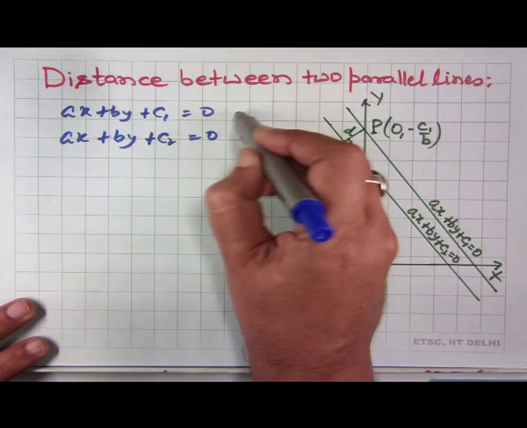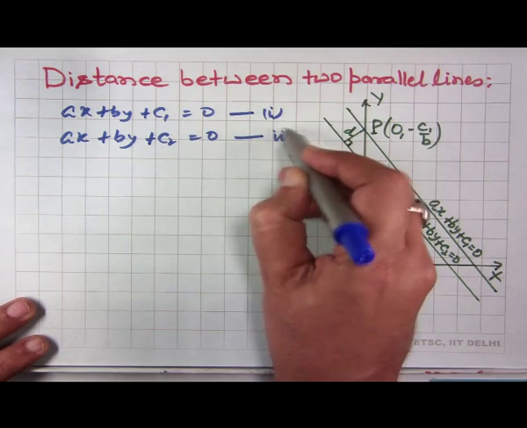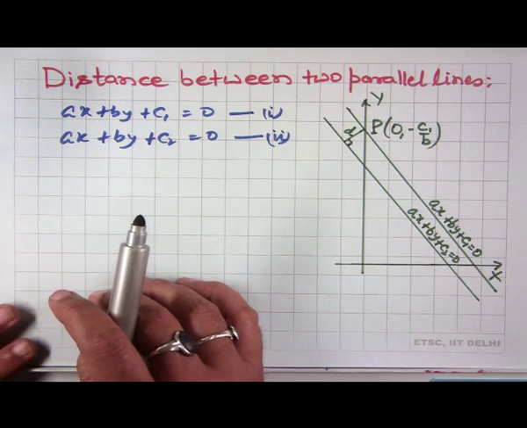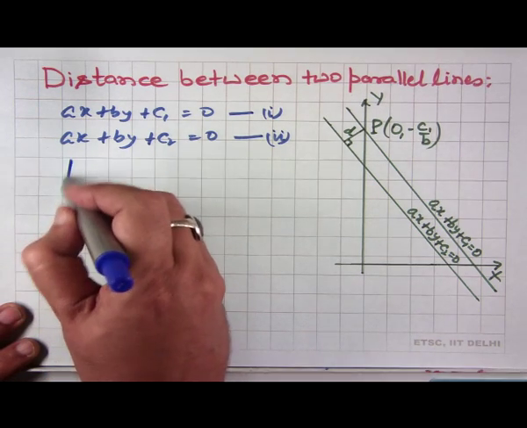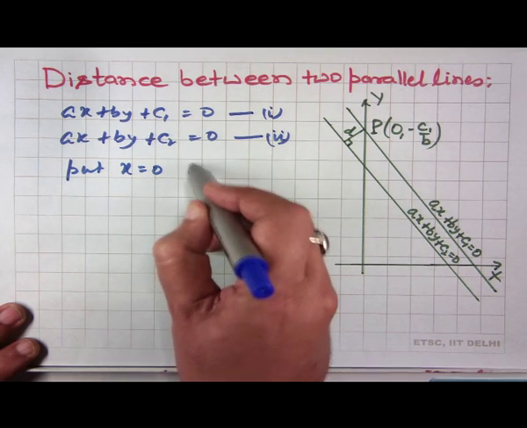So this is line 1 and this is line 2. Put x equal to 0 in 1.